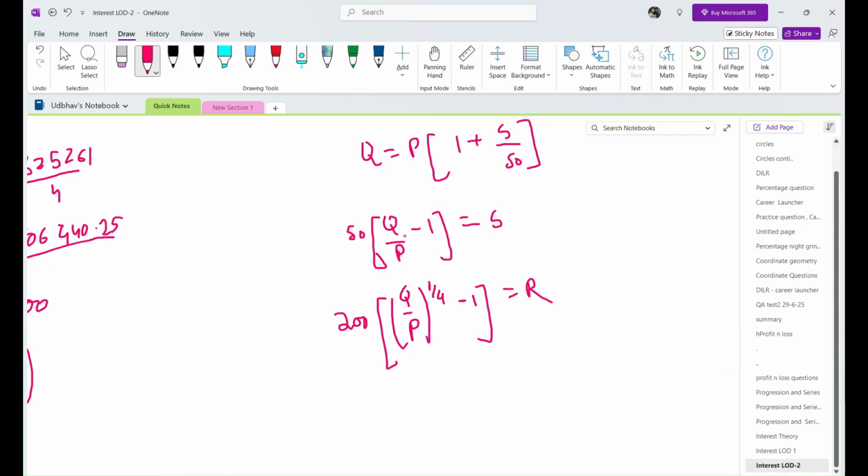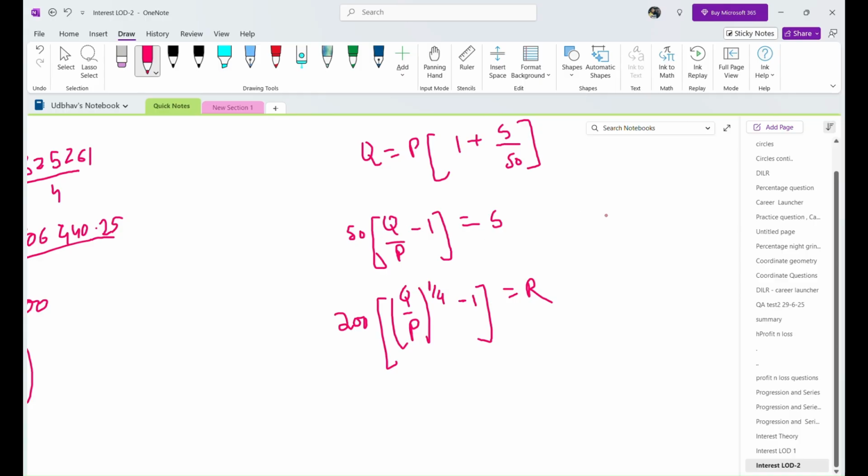So clearly 1 is same and Q upon P is same here, Q upon P is same here, but Q upon P to the power 1 by 4 will be less. So this thing is less, this thing is more.